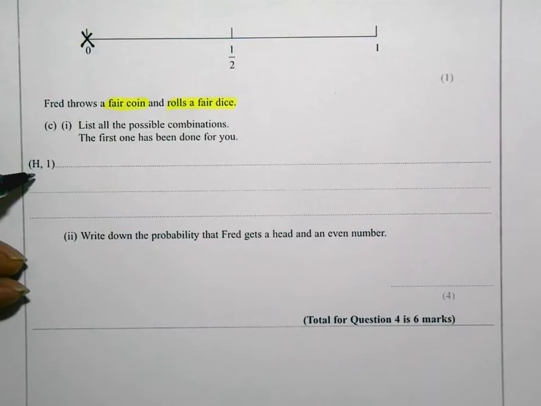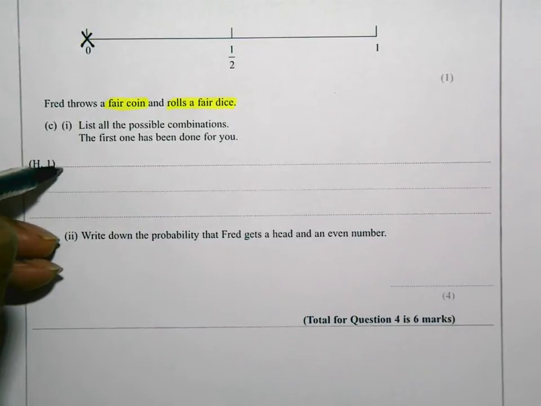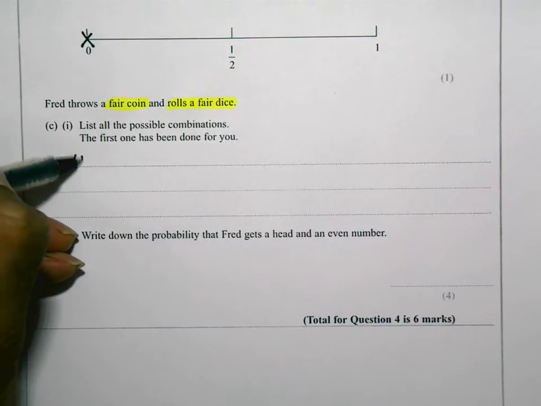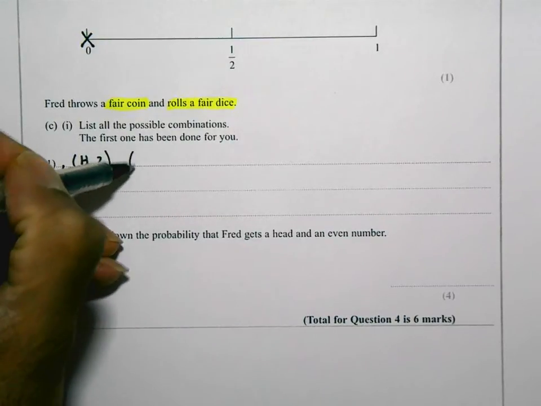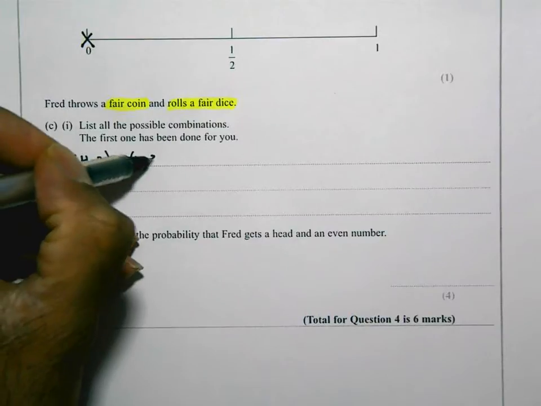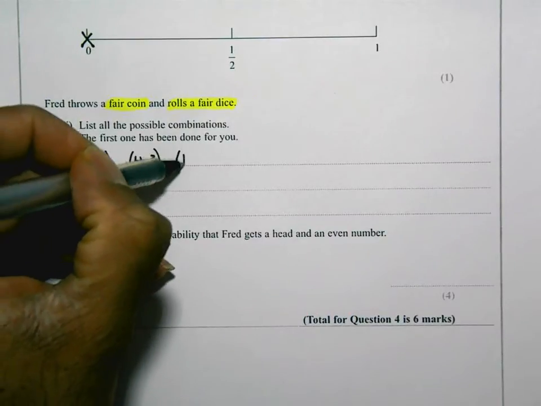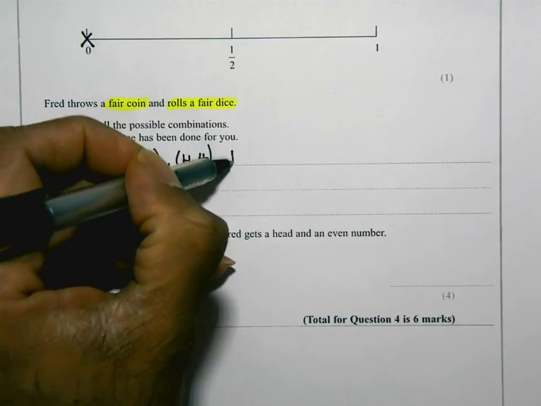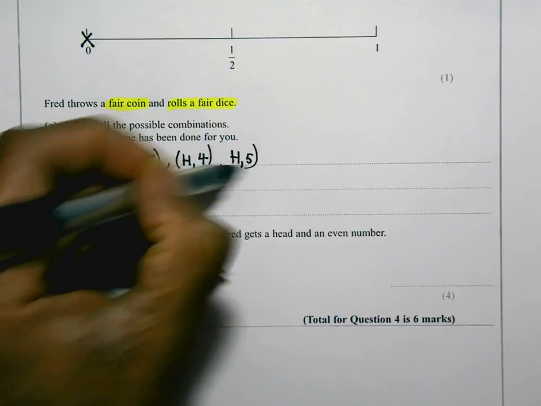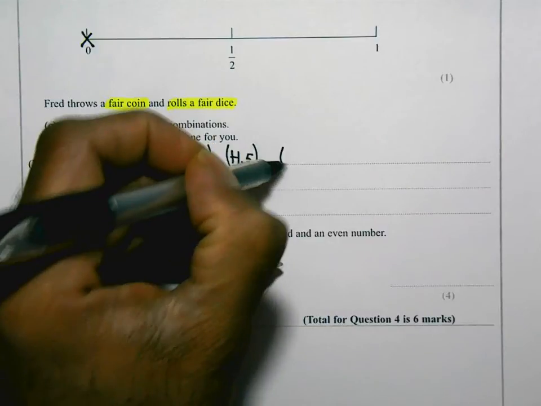So I'm going to stick to this. I'm going to go heads and a 2, heads and a 3, heads and a 4, heads and a 5, and finally heads and a 6.